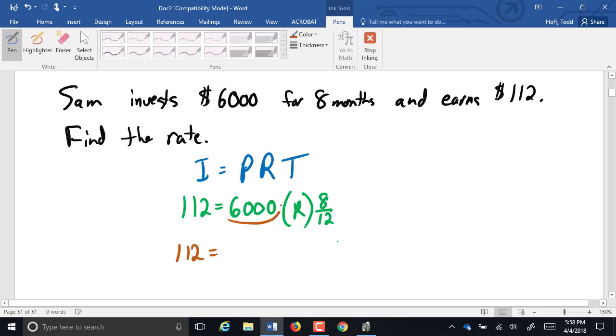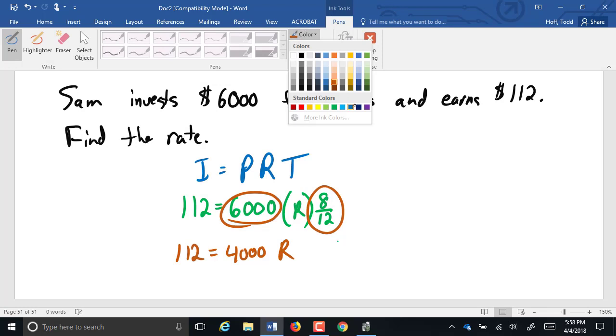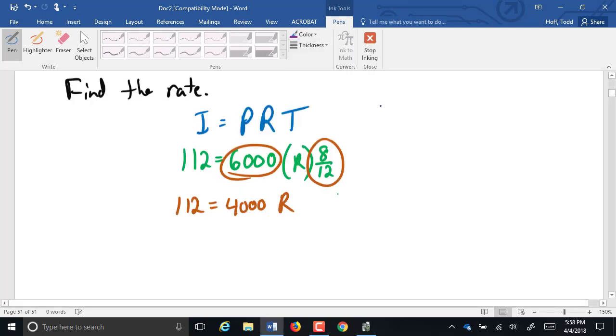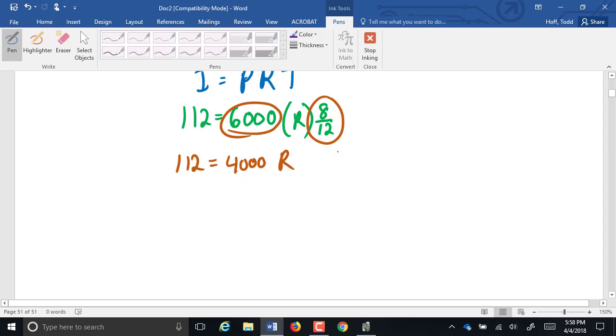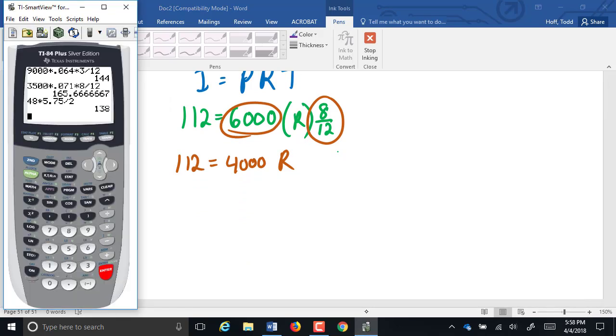One of those days. We're going to combine the 6,000 times 8/12, which gives us 4,000 times R. When you divide that out, if you do it on your calculator, like I said, in this case, it comes out to be an even 4,000.